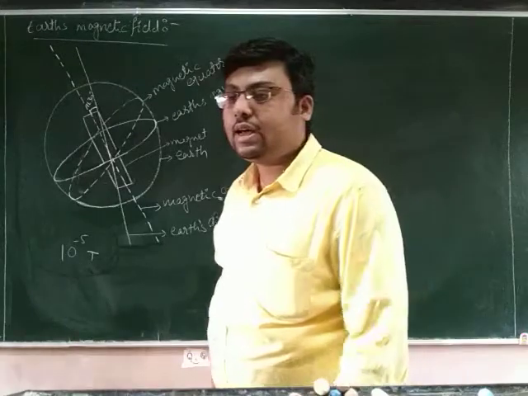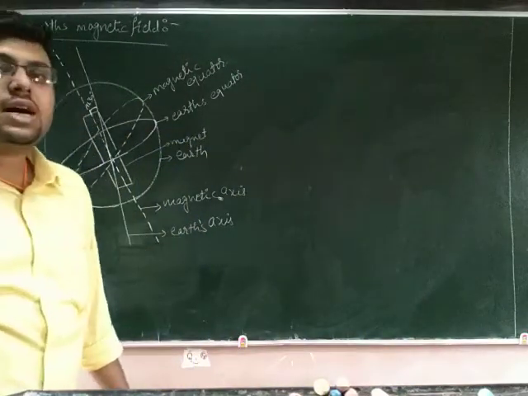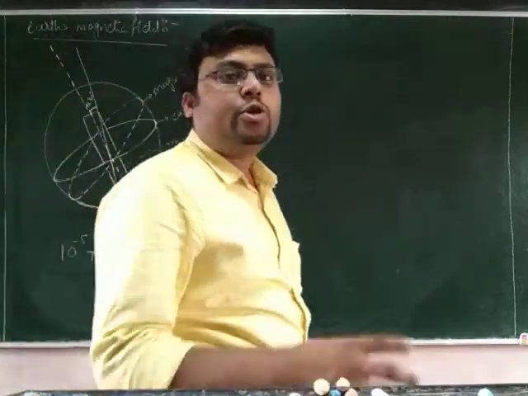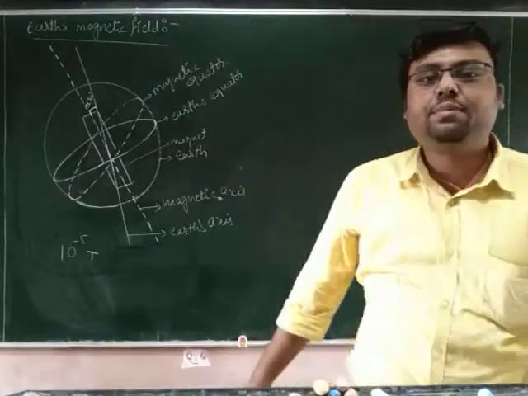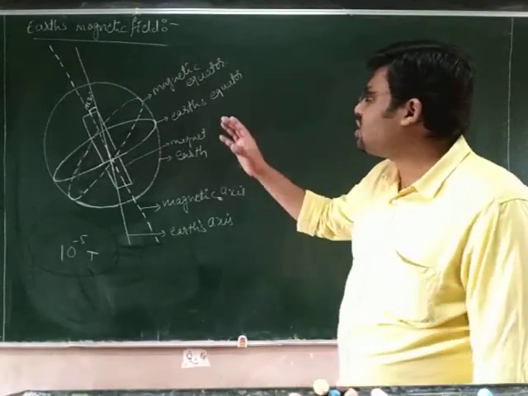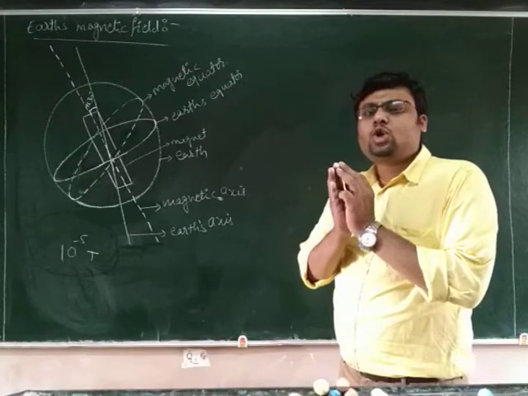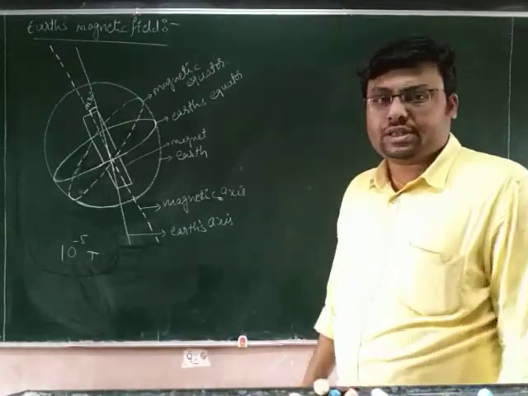So, geographic axis. Geographic means Earth axis, right? So a huge bar magnet is buried deeply inside the Earth in such a way that the axis of the magnet is almost close to the axis of the Earth.